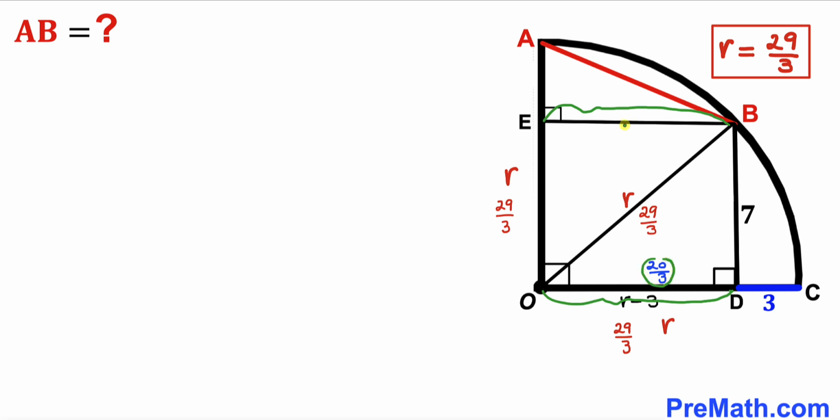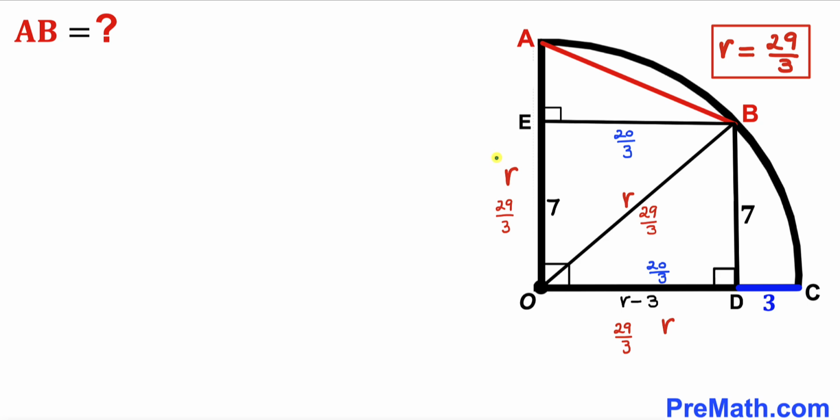So therefore EB length is going to be 20 divided by 3 units as well. And likewise this EO length is going to be equal to this BD length. If this BD length is 7 units, then EO length is going to be 7 units as well.